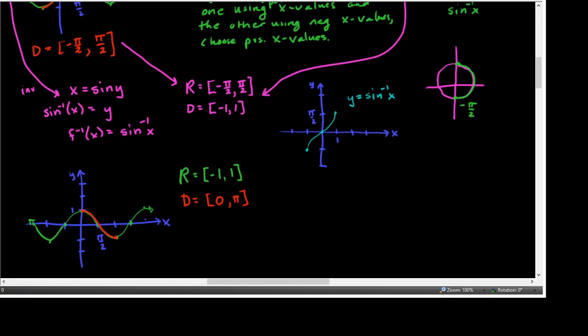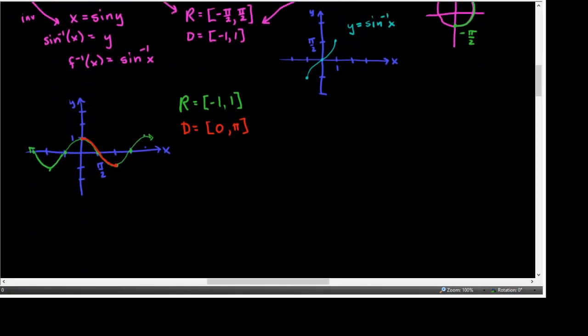Okay? So, the inverse, oh, I forgot to write f of x equals y equals cosine of x. And the inverse of that is x equals cosine of y.